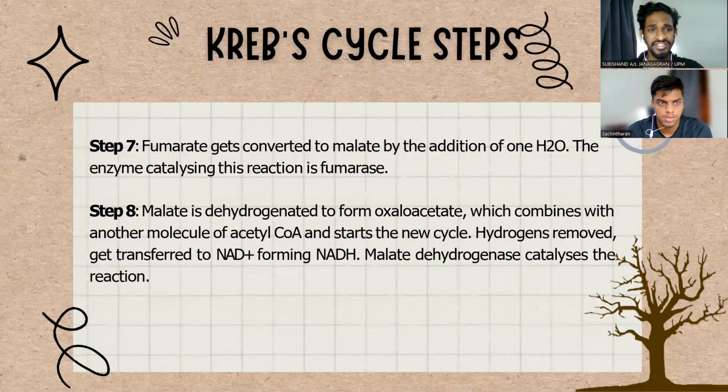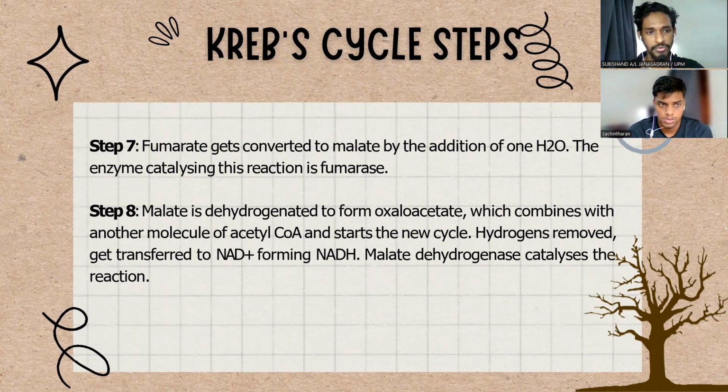So in step 7, the fumarate gets converted to malate by addition of 1 water molecule. The enzyme that catalyzes the reaction is fumarase. So the last step is that the malate is dehydrogenated to form oxaloacetate, which combines with another molecule of acetyl-CoA and starts a new cycle.